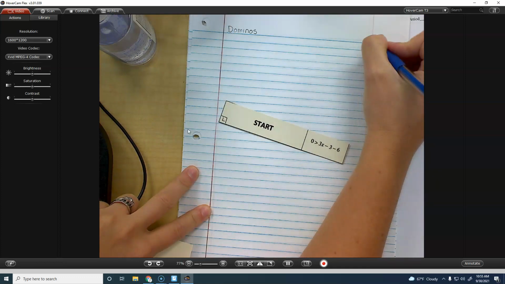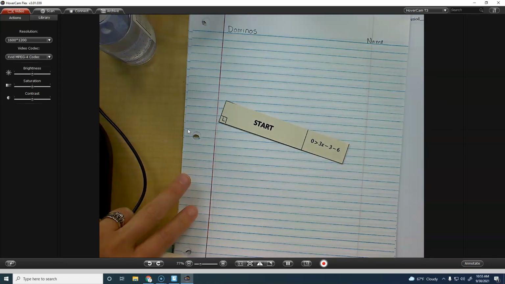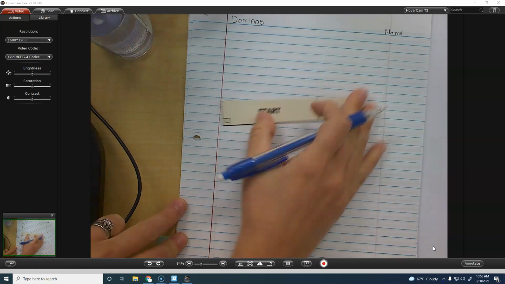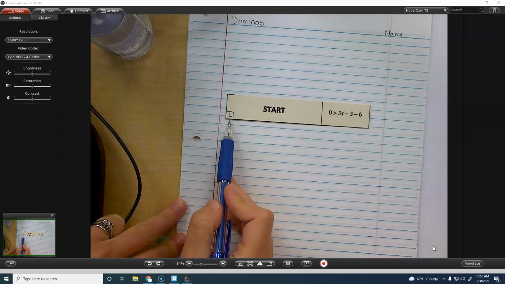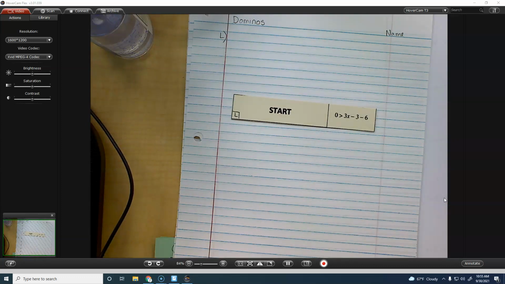You'll put your name up here. Each one of these dominoes is going to have a little letter in the corner here. So you want to put that letter right there. They're not going to go A, B, C, D. They'll go out of order. And I know which order they go in.